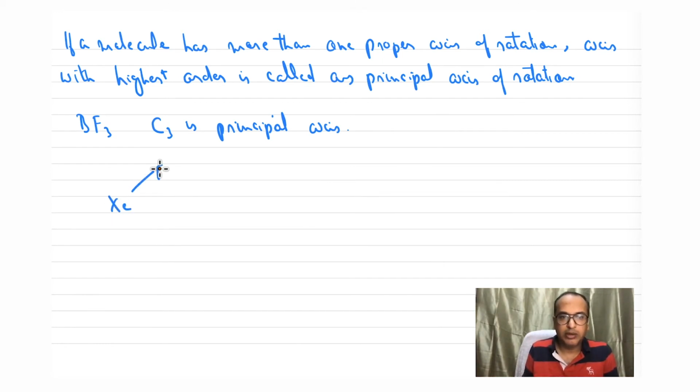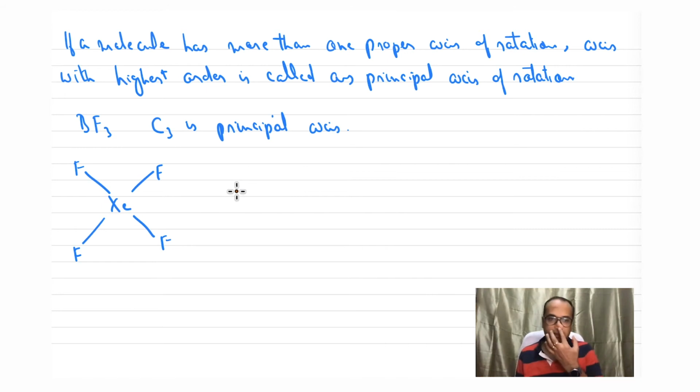So let's go to square planar XeF4. So what all axes will it have? So it will have, let's say, one axis which is perpendicular to the plane of the board. So this is perpendicular to the plane.